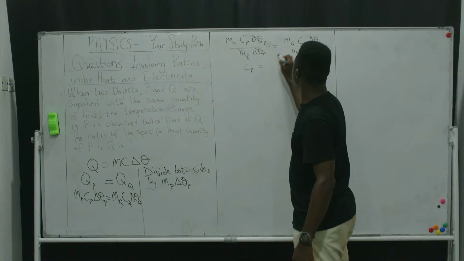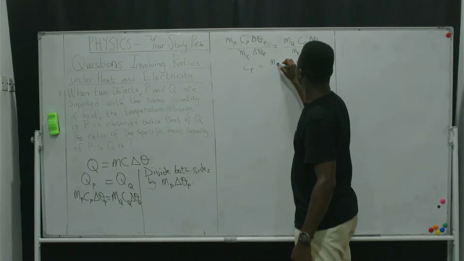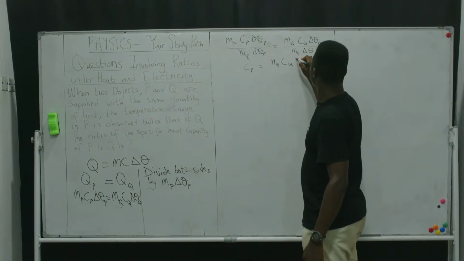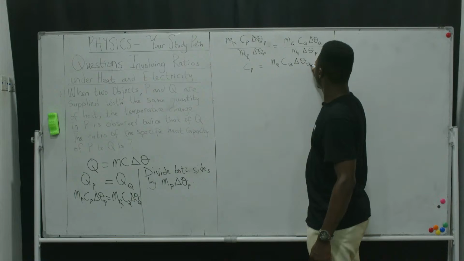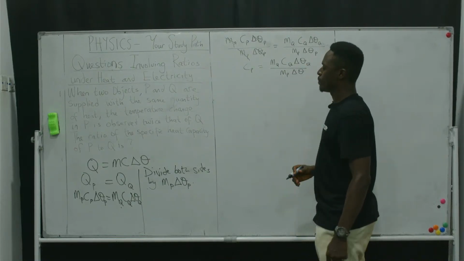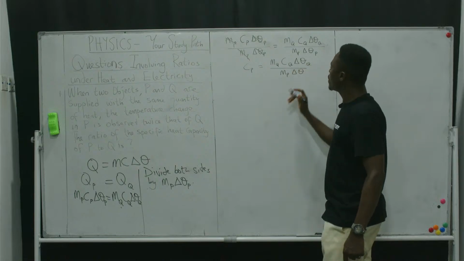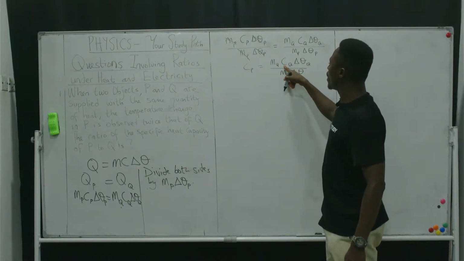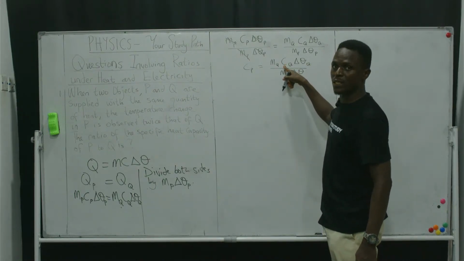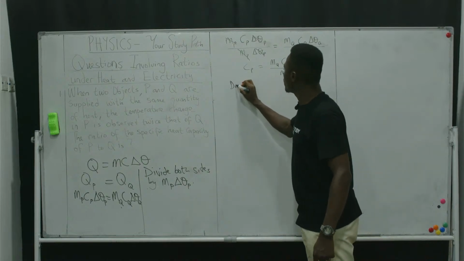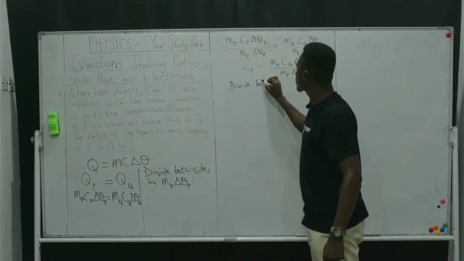CP is left to be equal to MQ CQ change in theta Q over MP change in theta P. Now we can divide both sides by CQ.